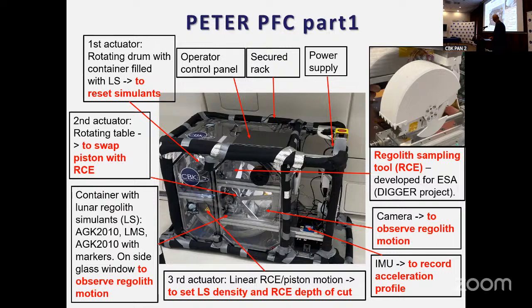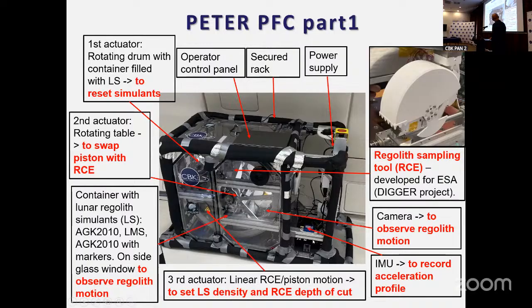As I said, we have a container with the regolith, and 3 different regoliths were tested. The third actuator is to switch the RCE and the piston. You will see later in the movie that in one position of the drum we are able to change the piston with the RCE and start. On one side, we also have a camera to observe the regolith motion, because one of the walls of the regolith bin is a glass wall.